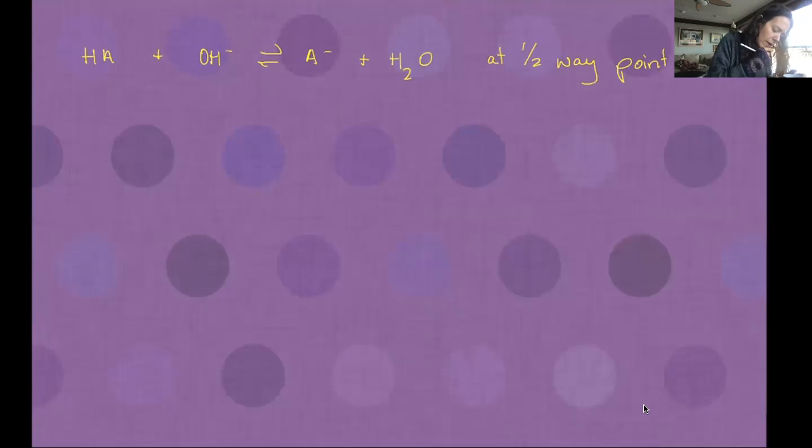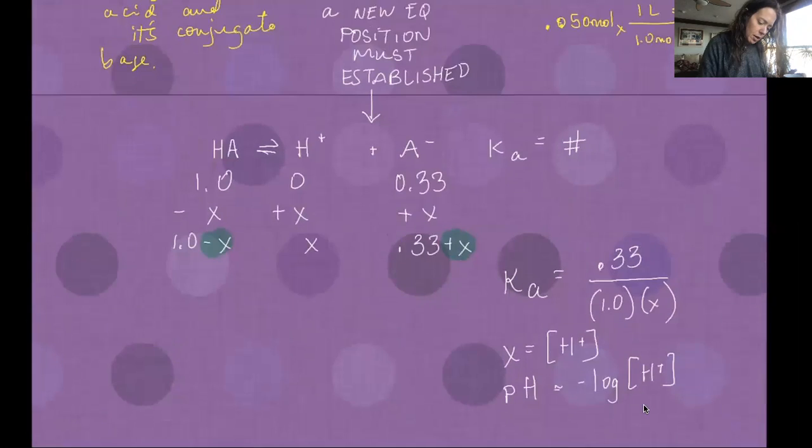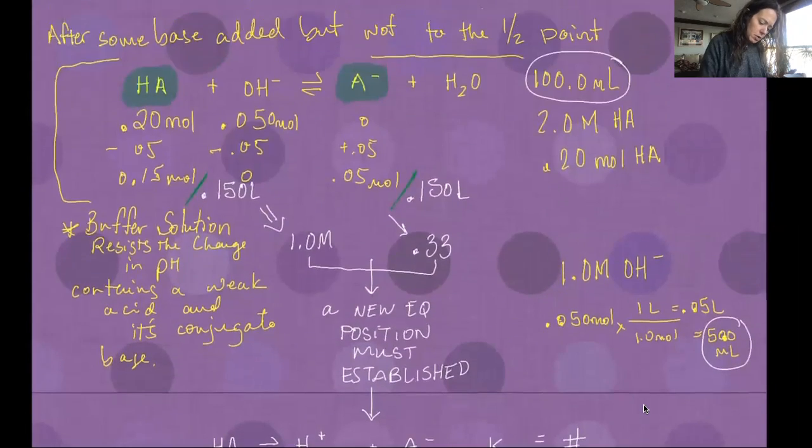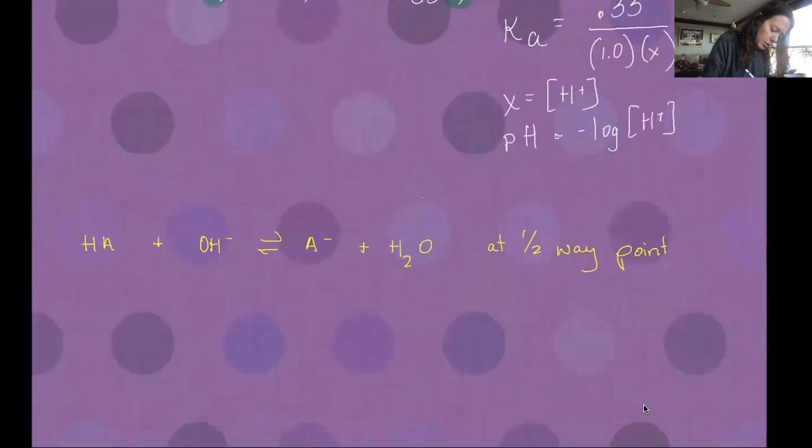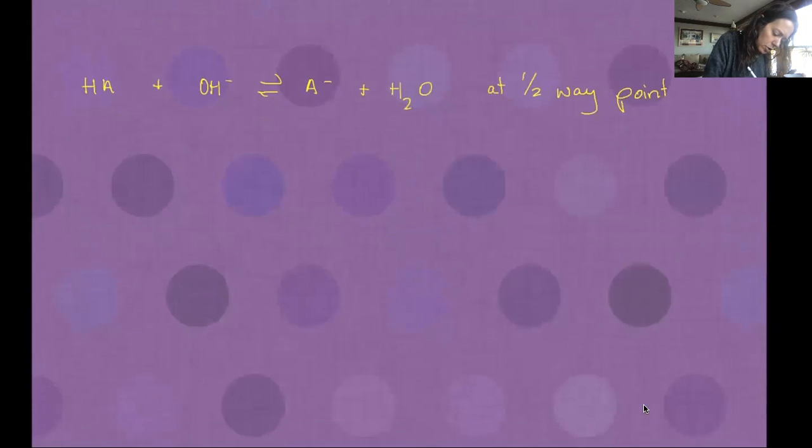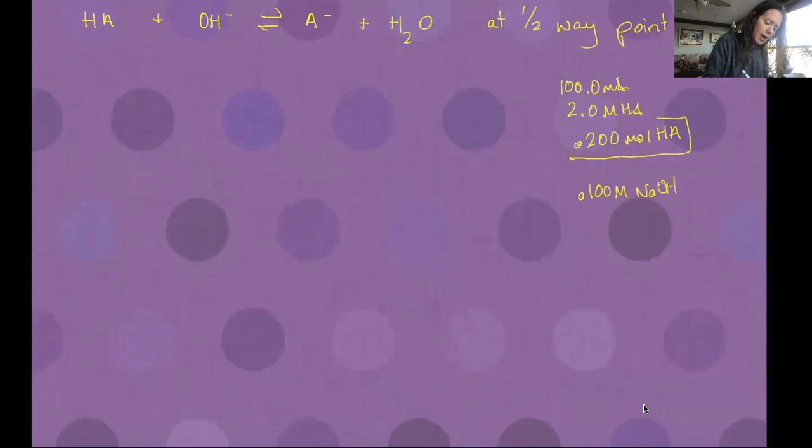So let's go back up here: 100.0 milliliters of 2.0 molar HA. We said that is 0.200 moles of HA. We're using NaOH. If we're at the halfway point, we will have half as many moles.